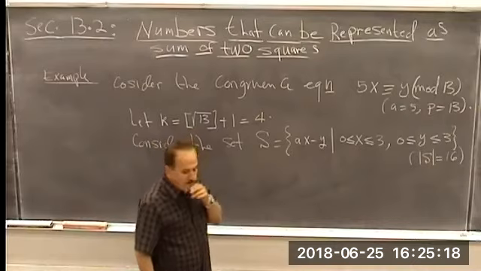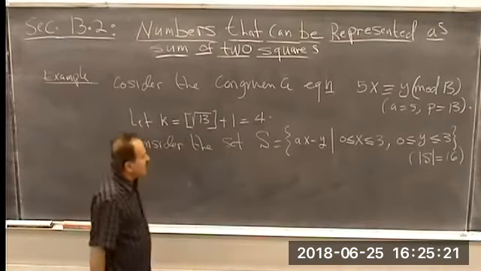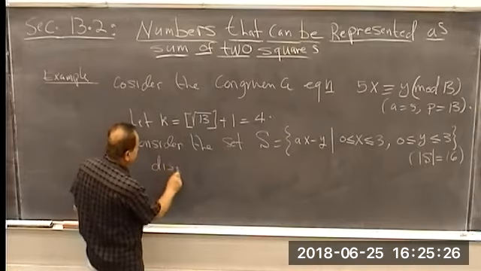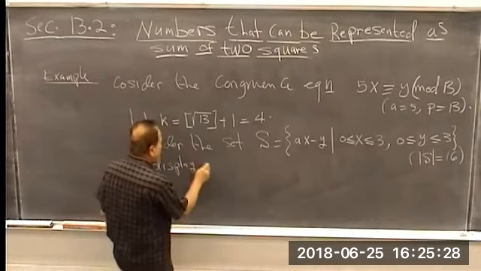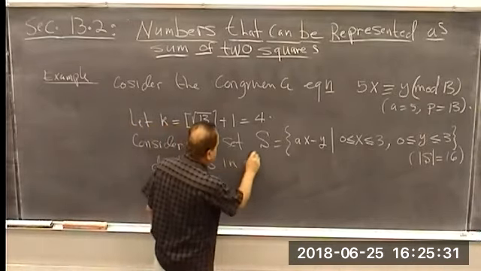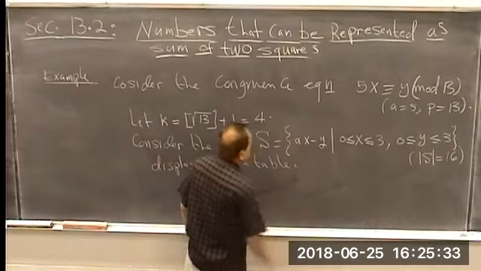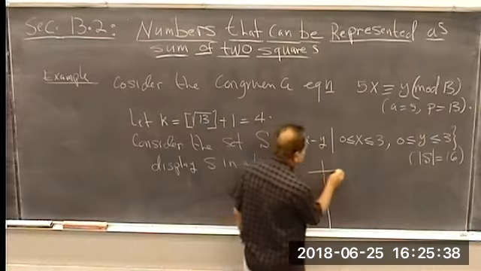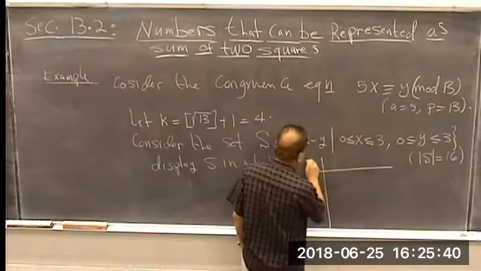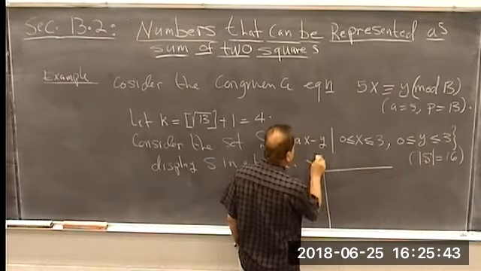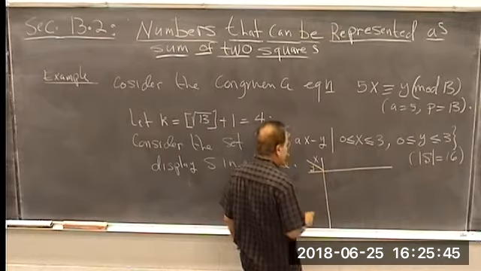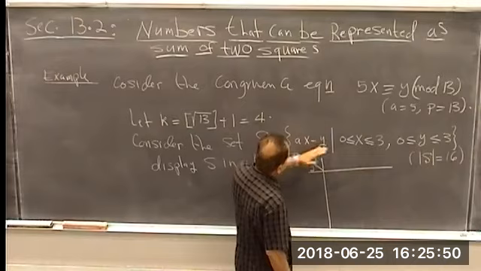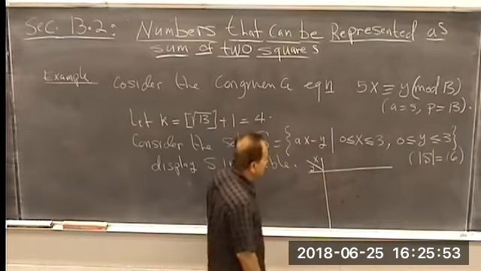All right, now let's display the elements of S in the form of a table. So the table is going to look like this. On the top, I'm going to put the x values. Vertically, I'm going to put the y values. And in here, the values ax minus y.